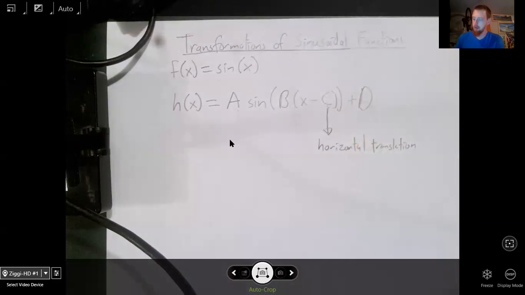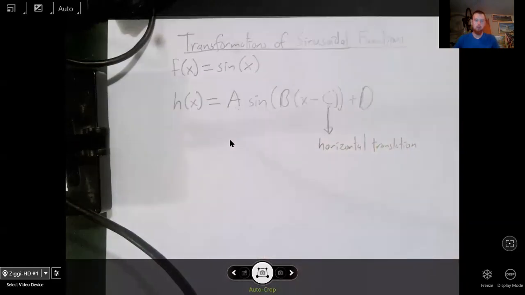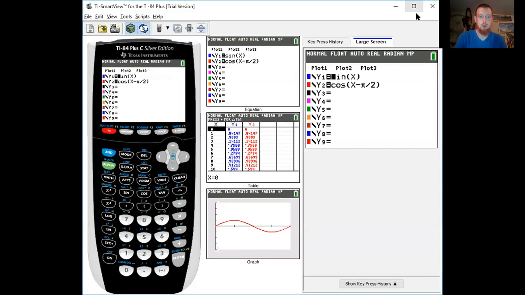So now let's look at these other parameters. It's a little more nuanced what each of these does, and it's going to be important whenever we're using this to model real-world problems later on. So let's go back, and we're just going to do this based on the sine graph. So I want to be able to compare these to the parent function.